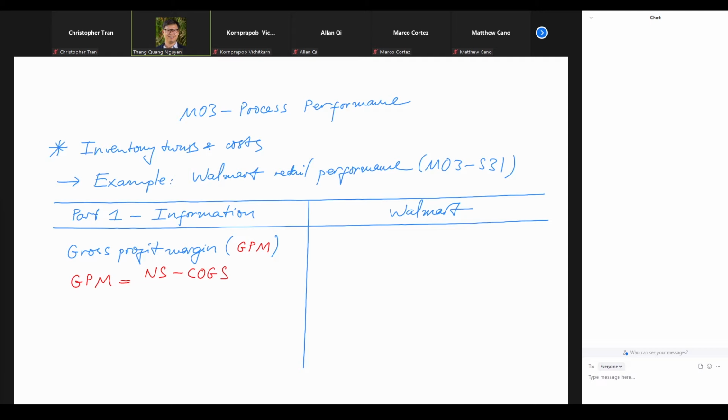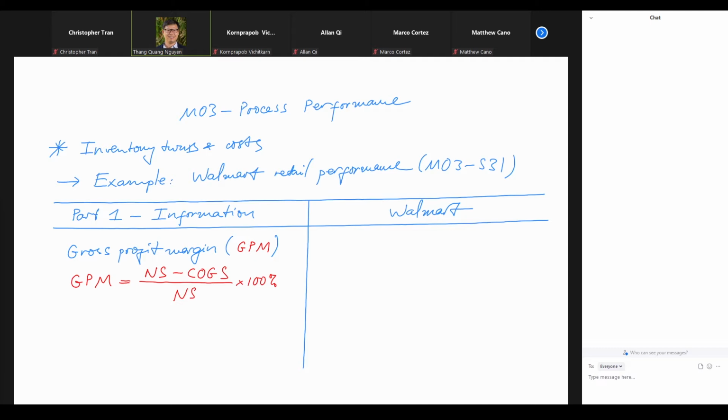If we stop here, we call this the gross profit of the company, of Walmart. But we don't stop here. We try to calculate the percentage. So we take that divided by the net sale, and then we multiply that by 100%, as a percentage. Because we want to know that, out of this revenue, how much will be our profit.